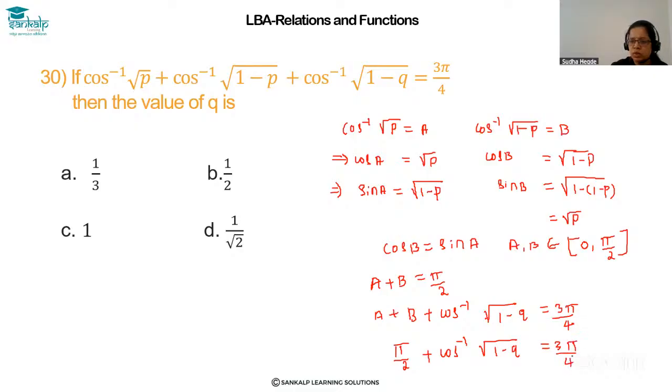Now move pi by 2 to the other side. So it is cos inverse root 1 minus Q is equal to 3 pi by 4 minus pi by 2, which is 3 pi by 4 minus 2 pi by 4. So it is pi by 4.